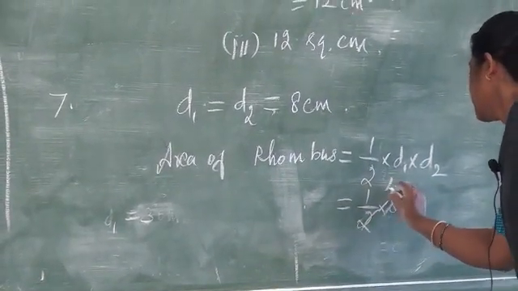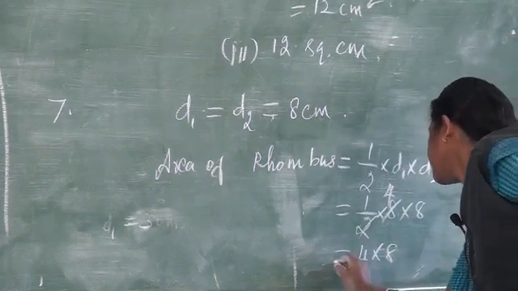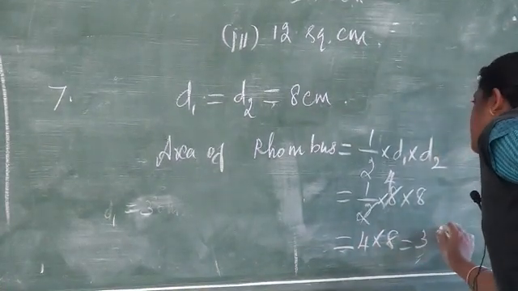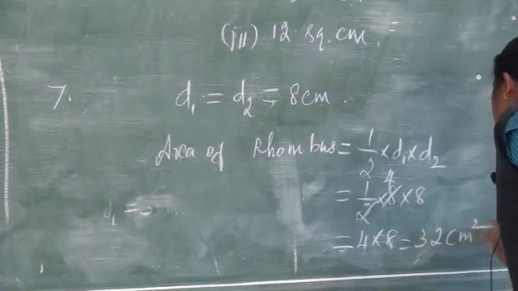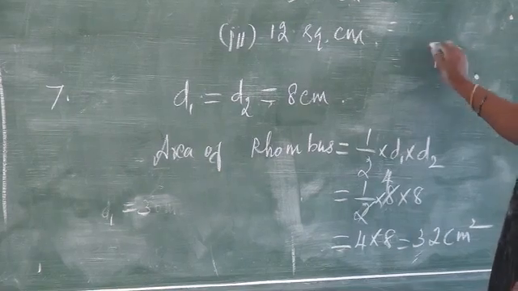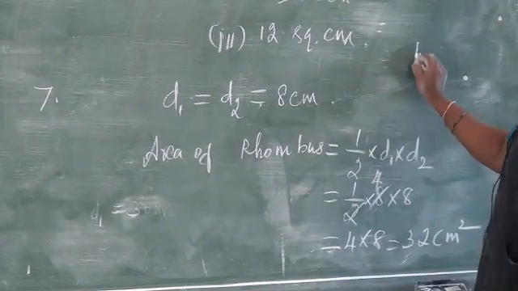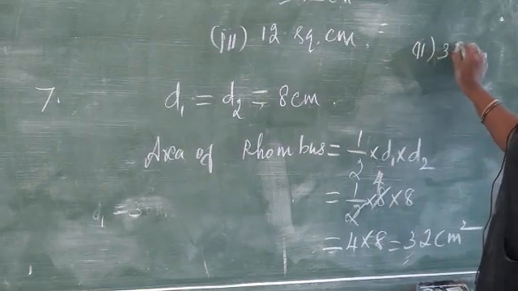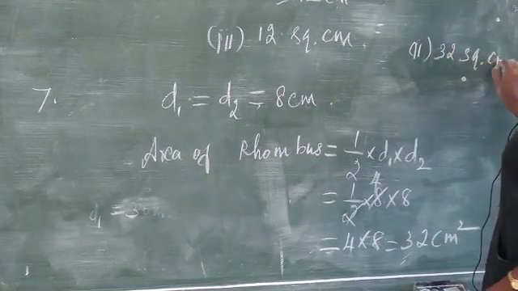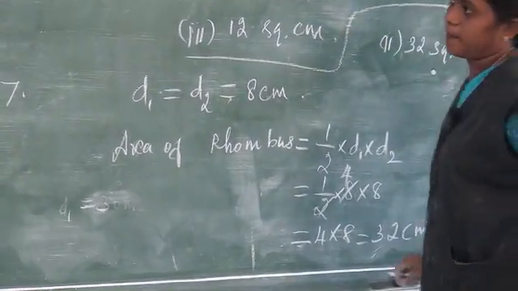If you cancel, 4 8s are 32 centimeter square. Our option is the second option, 32 square centimeter, for the seventh question.